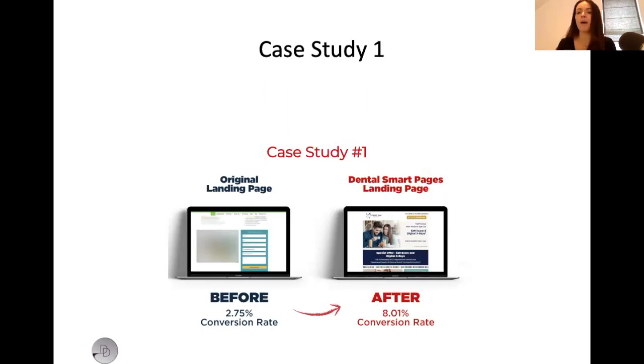So using one of our clients as an example, when we started working with this client, he was converting prospects into leads at 2.75%. This is about normal, by the way. The average is about 3% when sending traffic to a website. After we installed our tried and tested dental landing page, he actually then got over an 8% conversion rate.